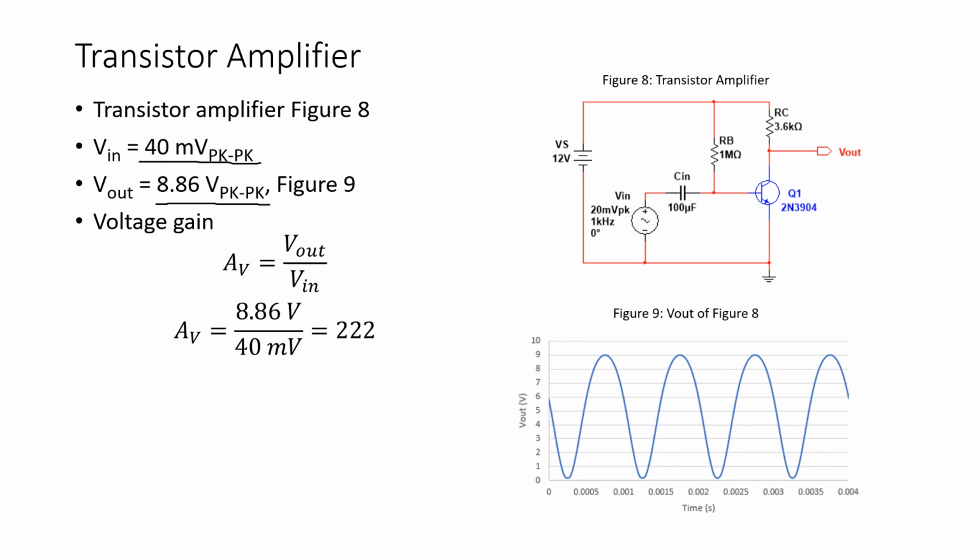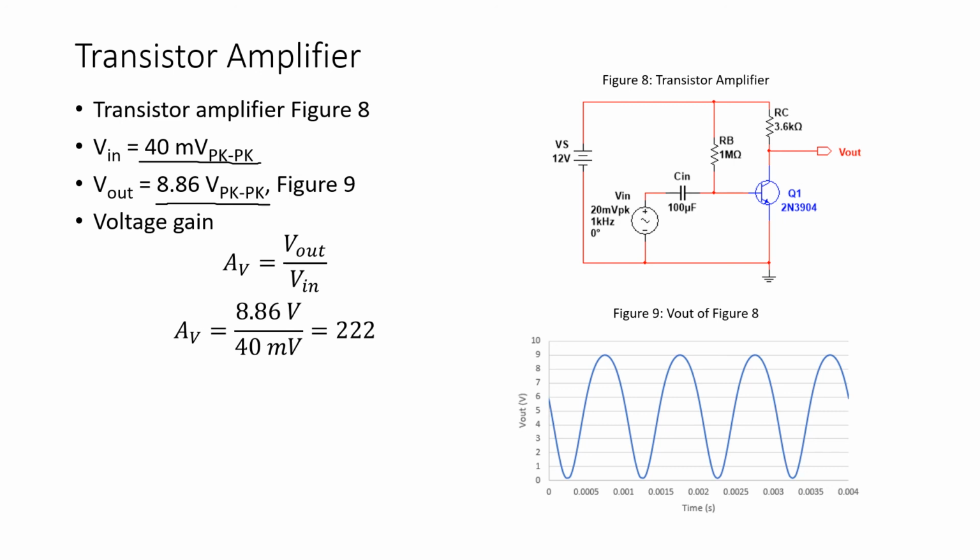Now, when we discuss and describe amplifiers, one of our key metrics is what's called the voltage gain. Gain is symbolized with the letter A, and the subscript V tells us this is a voltage gain. Mathematically, the voltage gain is simply V out over V in. So for the circuit of figure 8, our output voltage is 8.86 volts.